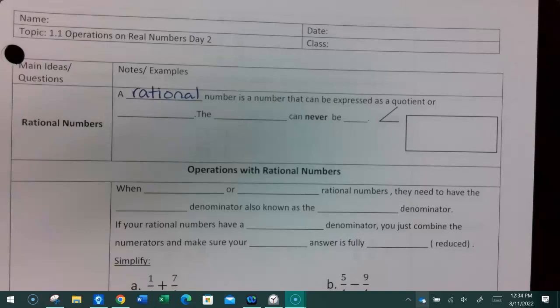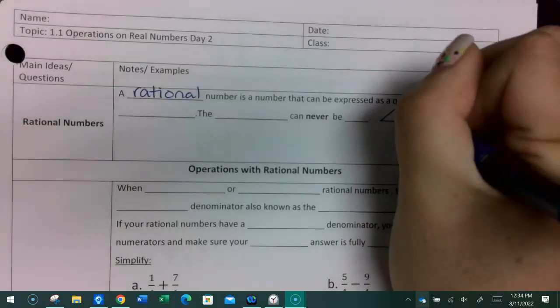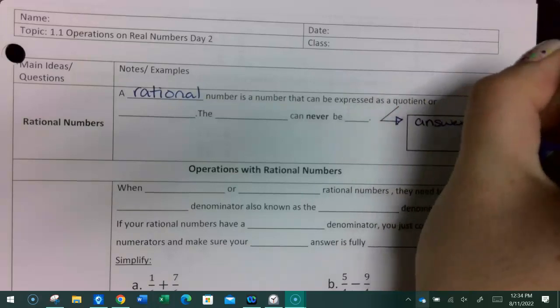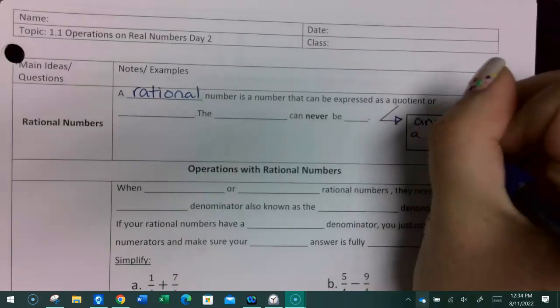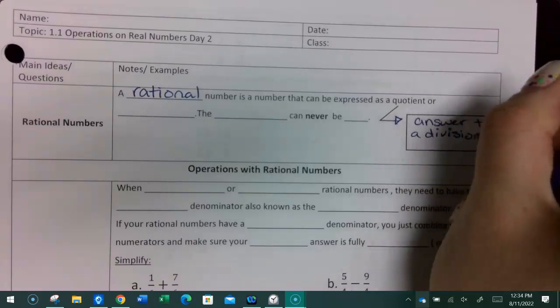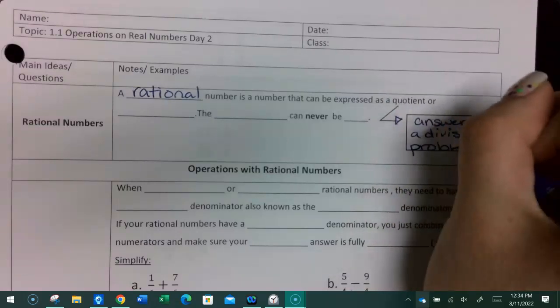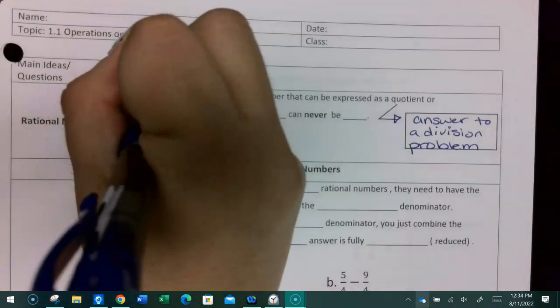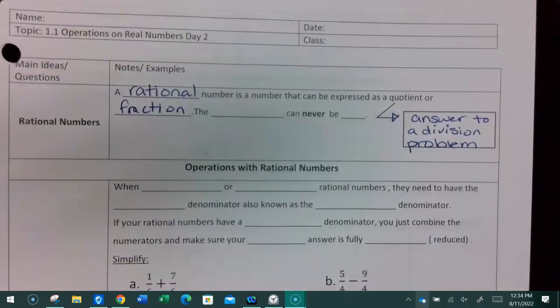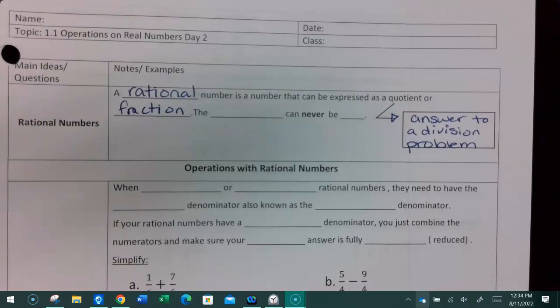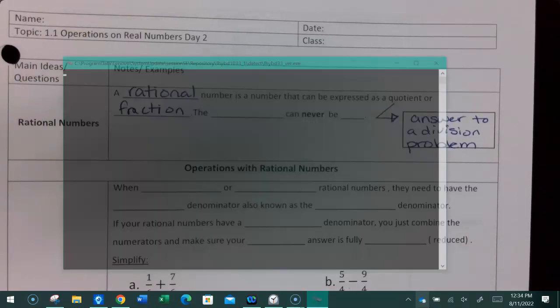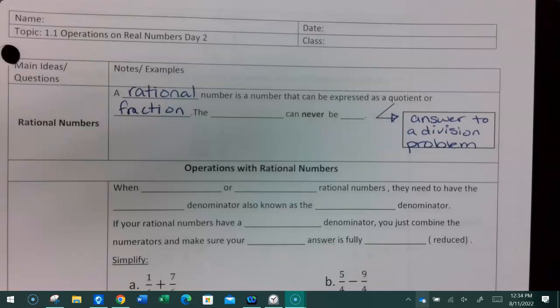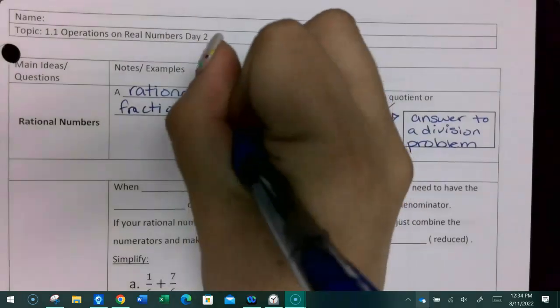So they can either be expressed as a quotient, which is just the answer to a division problem, or they can be a fraction. Okay? The denominator can never be 0.